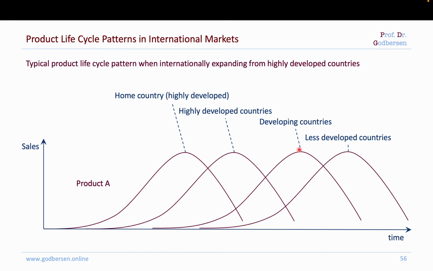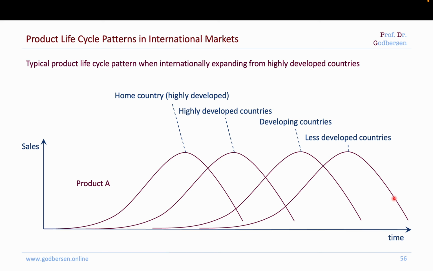So then you have the product life cycle there again. And before the product life cycle goes down in these developing countries, you go into the less developed countries because, with delayed economic development, they will have a need for your product then.